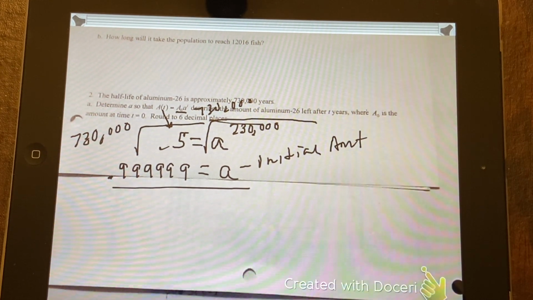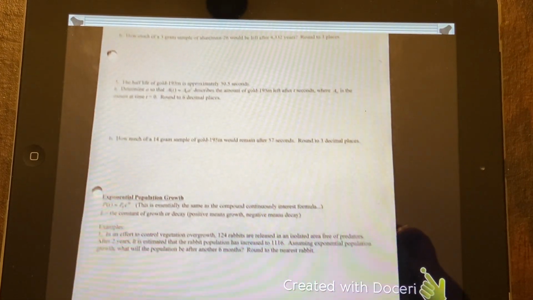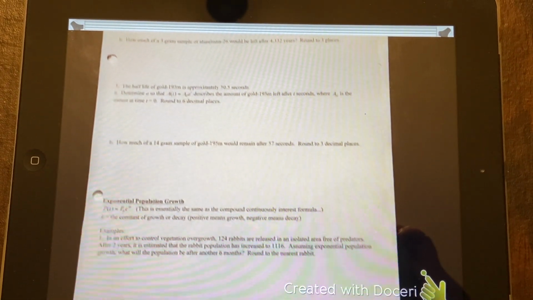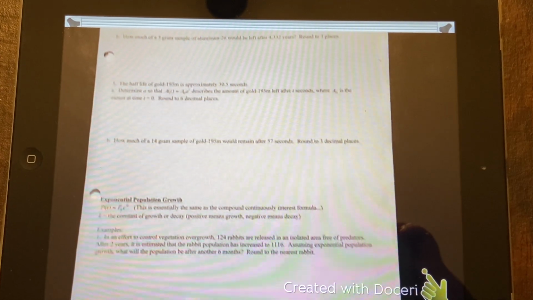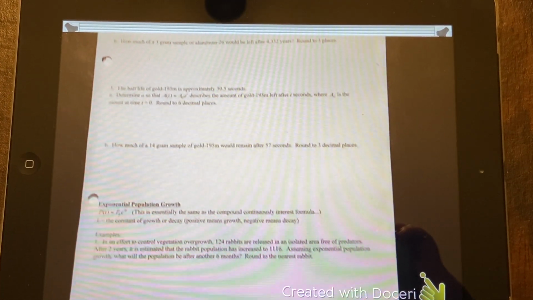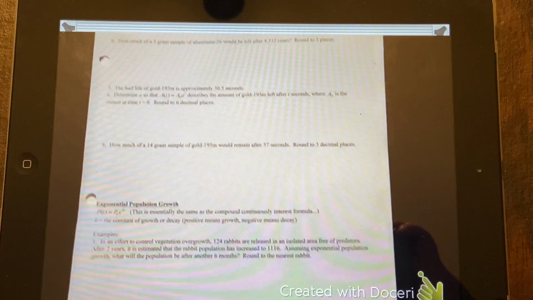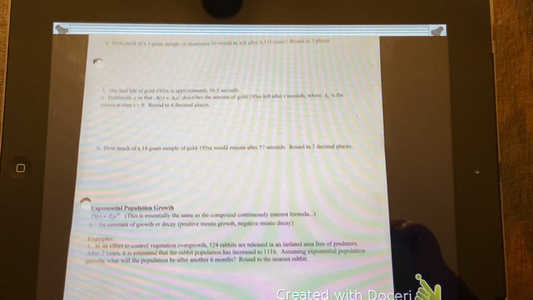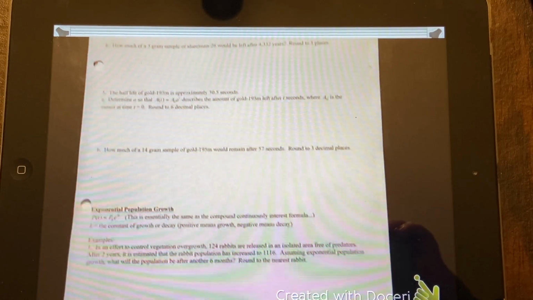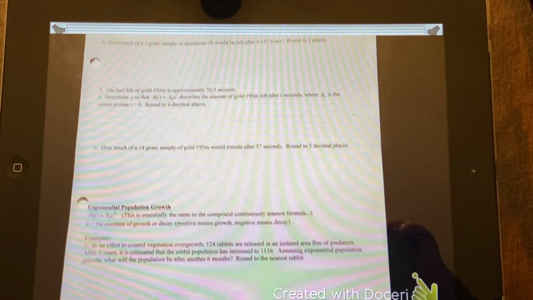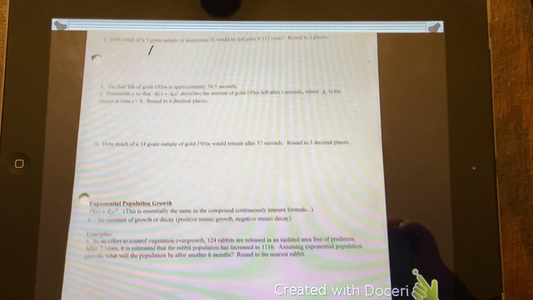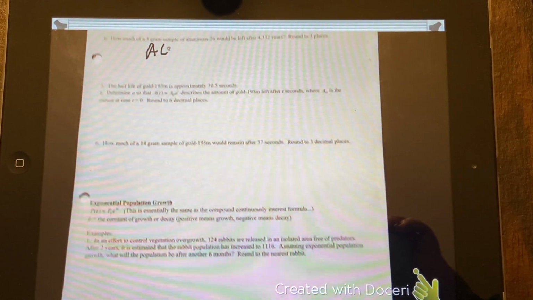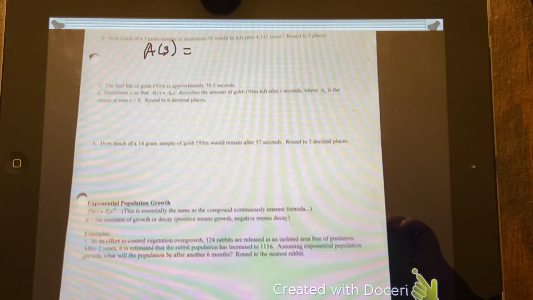Now, part B says, how much of a 3-gram sample of aluminum-26 would be left after 4,332 years? So I'm going to plug in 3.